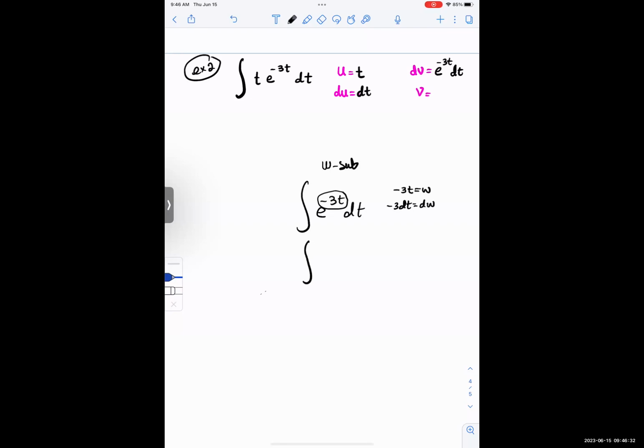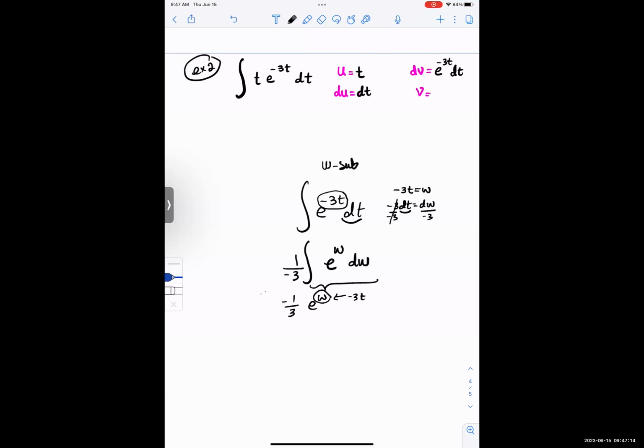I'm going to substitute in the integral: e to the power w instead of negative 3t, and instead of dt, I divide both sides by negative 3, so it's dw over negative 3, or times negative 1/3. Then I would have negative 1/3 integral of e to the w dw, which is just e to the w. I'm going to substitute w back by negative 3t.